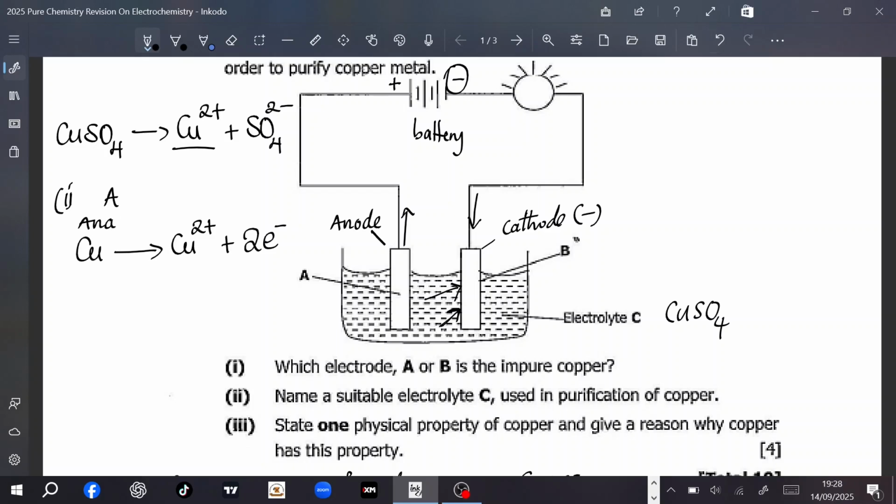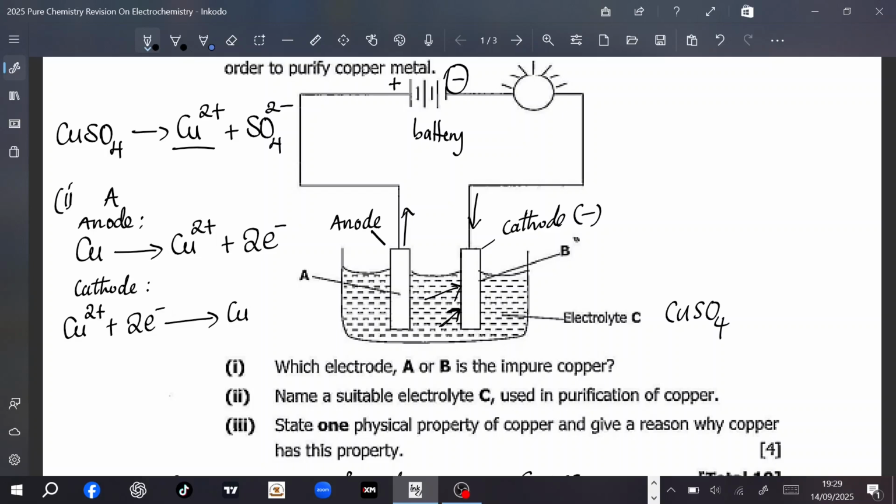Sometimes they can ask you about the anode. Then at the cathode, sometimes if they ask, what will happen is this. At the cathode, the copper ions that had gone there will gain, each copper ion gaining 2 electrons to form copper metal.